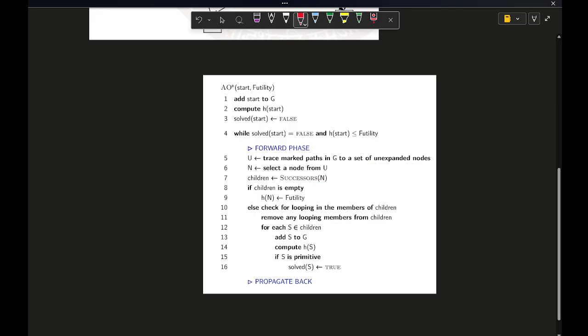Select a node from U, children successors of n. We select a node from U from our traced marked path, and we pick the children or the successors of that. Now if the children is empty, this means that it's a leaf node. Then we make the heuristic value of that as futility.